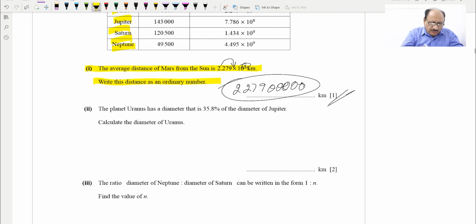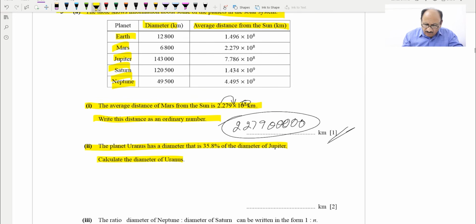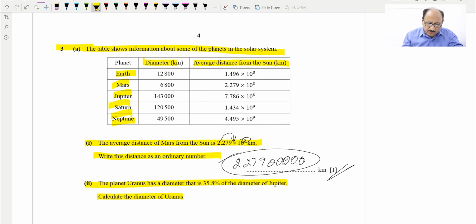The second part says the planet Uranus has a diameter that is 35.8% of the diameter of Jupiter. Calculate the diameter of Uranus. So 35.8% of the diameter of Jupiter.